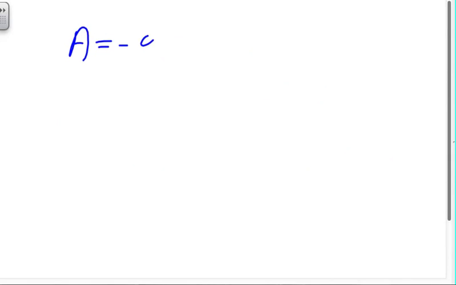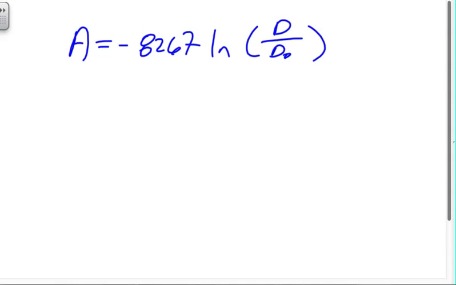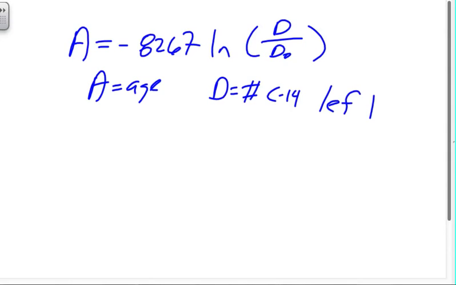It's going to be equal to negative 8267 times the natural log of d over d0, where a is your age, d is the amount of carbon-14 left, and d0 is the mass of carbon-14 you started with. These equations are derived from regression analysis.